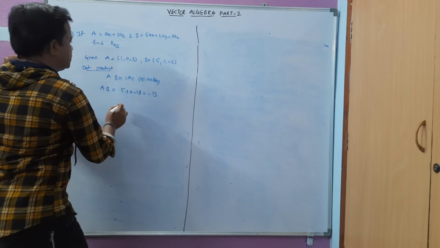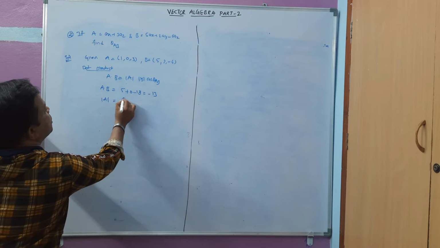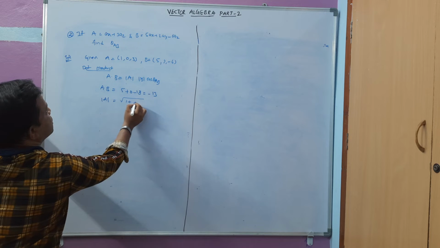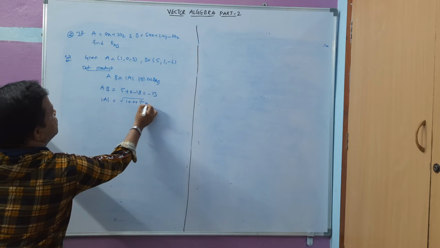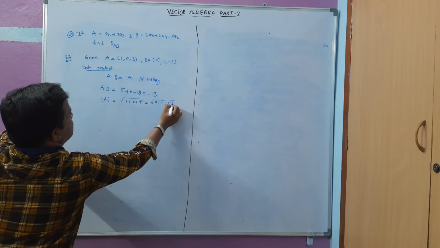Mod A will give me root of 1 plus 0 plus 3 square, that is root of 10.